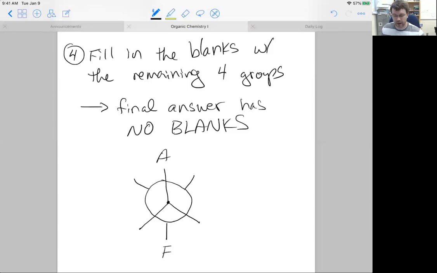So what we have to do now is figure out where to put B, H, make that dot nice and big, D, and E, right? Those are the remaining groups. We need to put those at the corresponding positions that are remaining in our Newman projection.